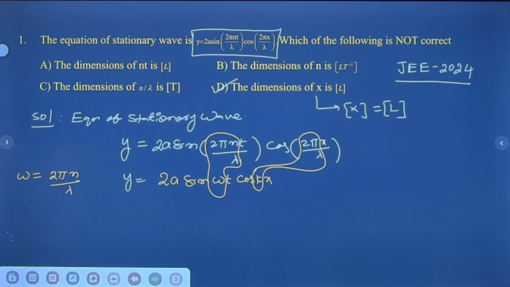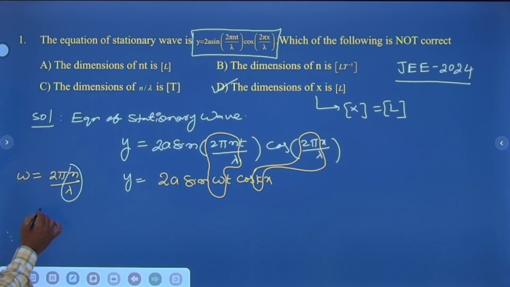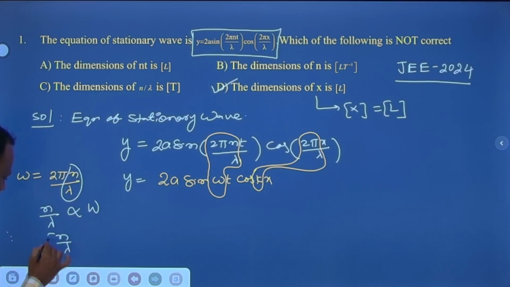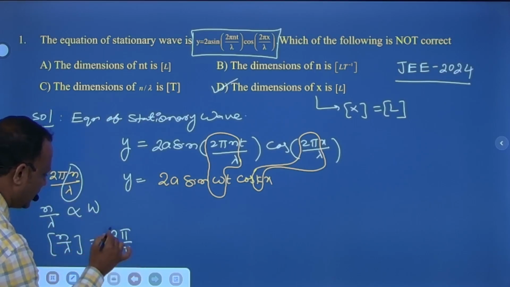Next, n by lambda. 2 pi has no dimensions because it is a constant. So n by lambda is proportional to omega, which is 2 pi by t.